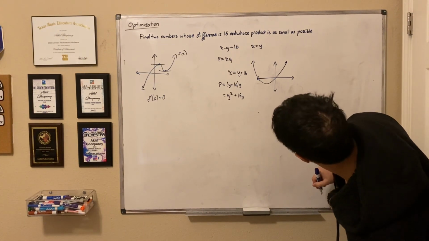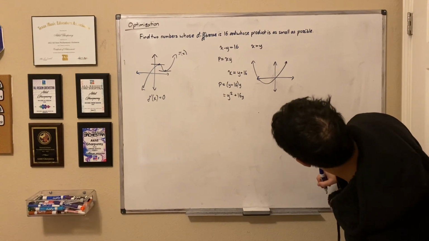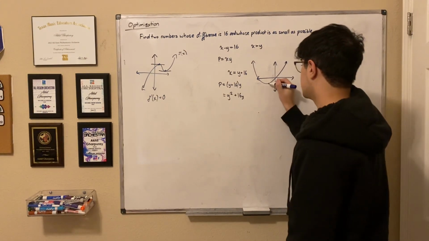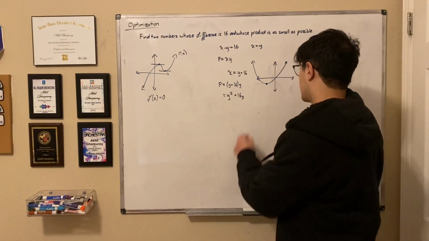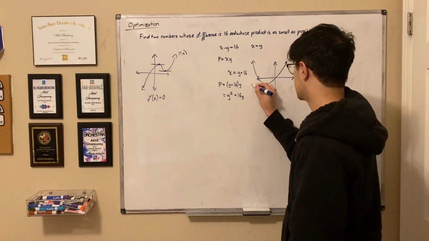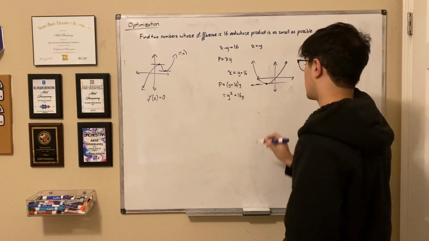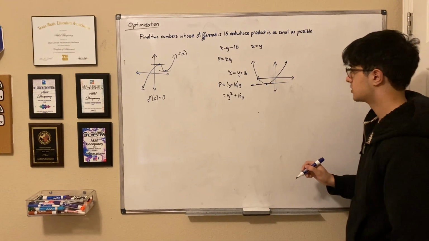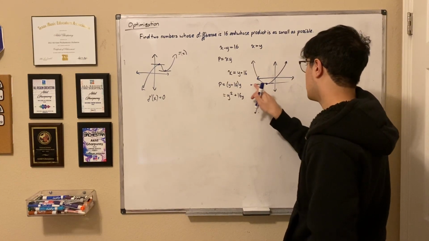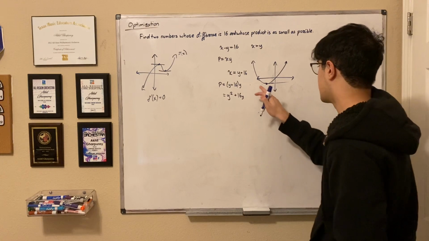So yes, we have this function for p as a function of y. We see that we have a minimum at this point right here. We don't know what this point is. So this right here would be our y value. Our goal here is to find this minimum point.